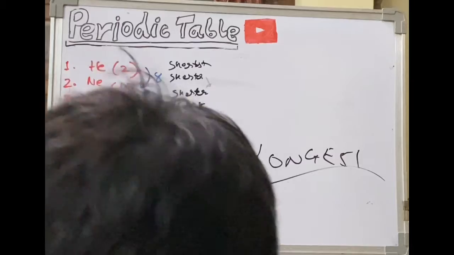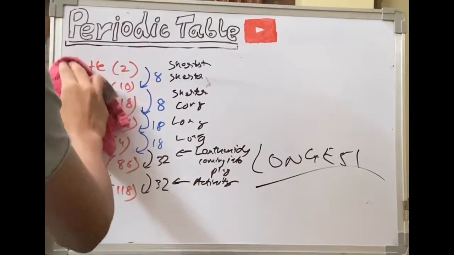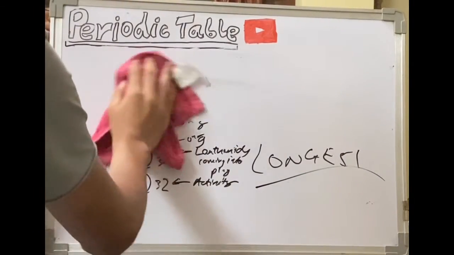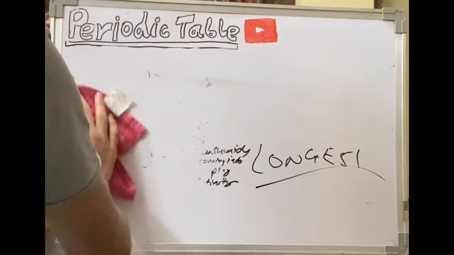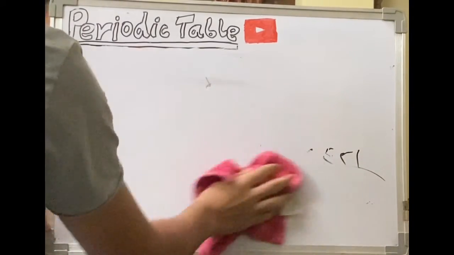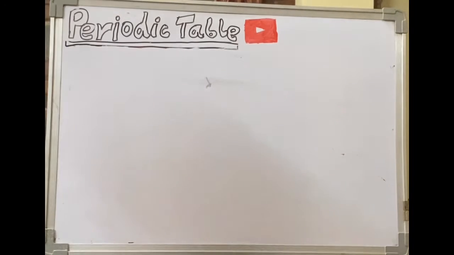Now comes the very interesting part. Say someone has given you an electronic configuration, or let's say an atomic number, and they tell you to find the period number as well as the group number or the block number. So no, the block number is different.